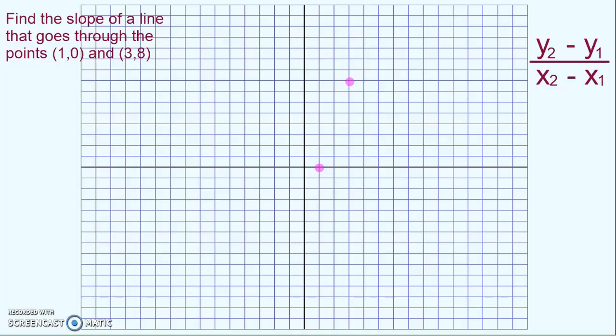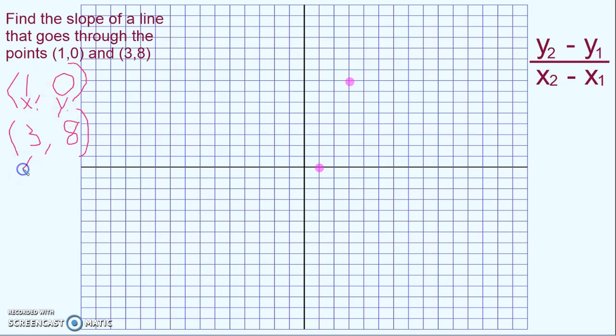So this first example says, find the slope of a line that goes through the points 1, 0, and 3, 8. So we have a point 1, 0, and we have a point 3, 8, and I've already put them on a graph just so we can see why this works. So I'm going to label this 1 as x1 and the 0 as y1.